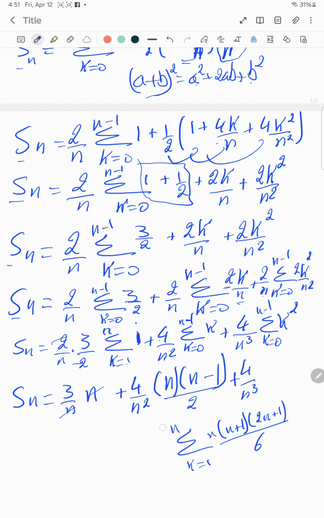But that n here is this n here, but I have n minus 1, so this becomes n minus 1, this becomes n, and this becomes 2n minus 1 plus 1. So it becomes 2n minus 2 plus 1, it becomes 2n minus 1. So let me delete it.